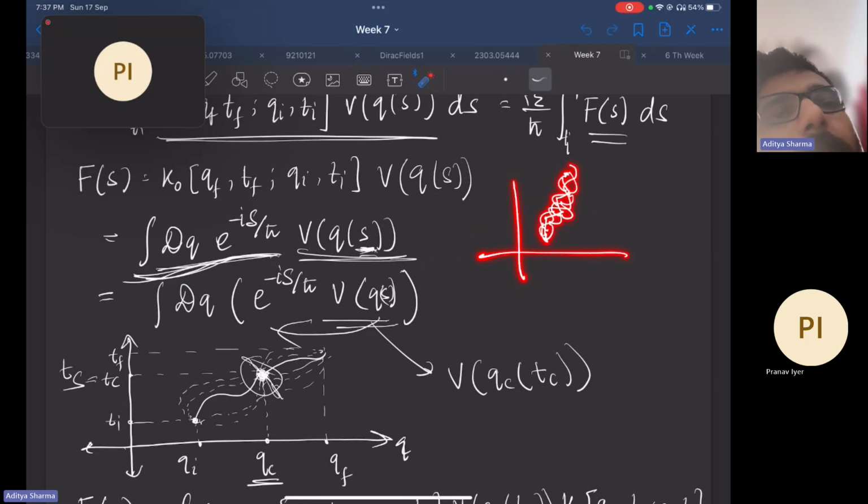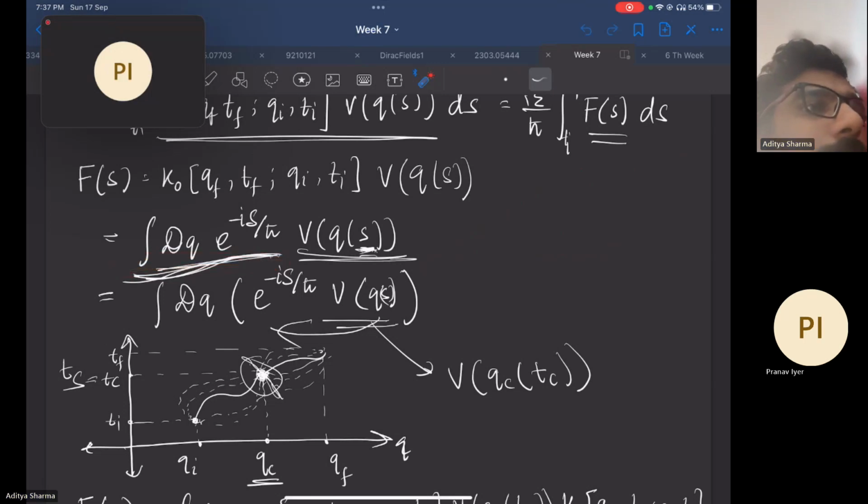You take different paths, all these things in between, you do something, and you get the expression for the path integral to be something like this. When you go back to that derivation and think, you have those discrete paths and you have this potential at a point in that path. After this time, there is no potential.